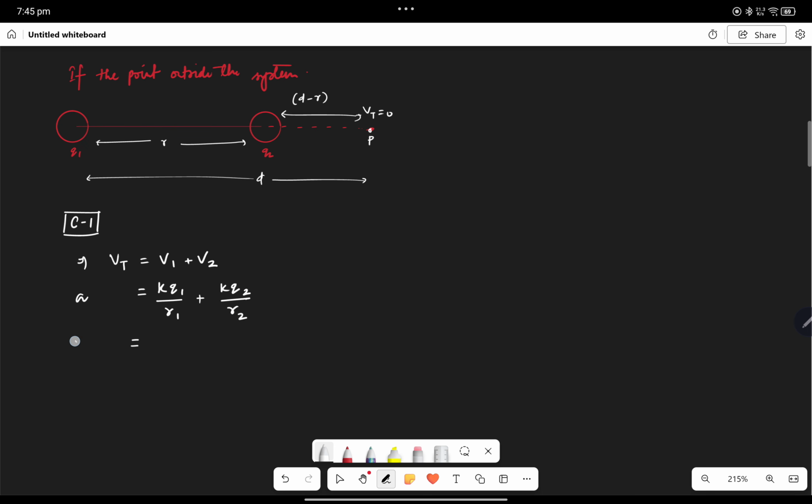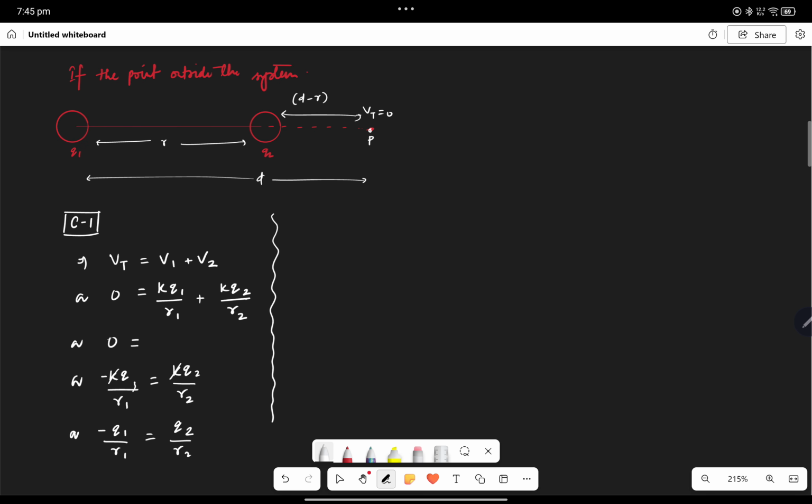Now rearranging, to get a simple calculation: minus K Q1 by R1 is equal to K Q2 by R2. K and K are going to cancel out, so minus Q1 by R1 is equal to Q2 by R2.